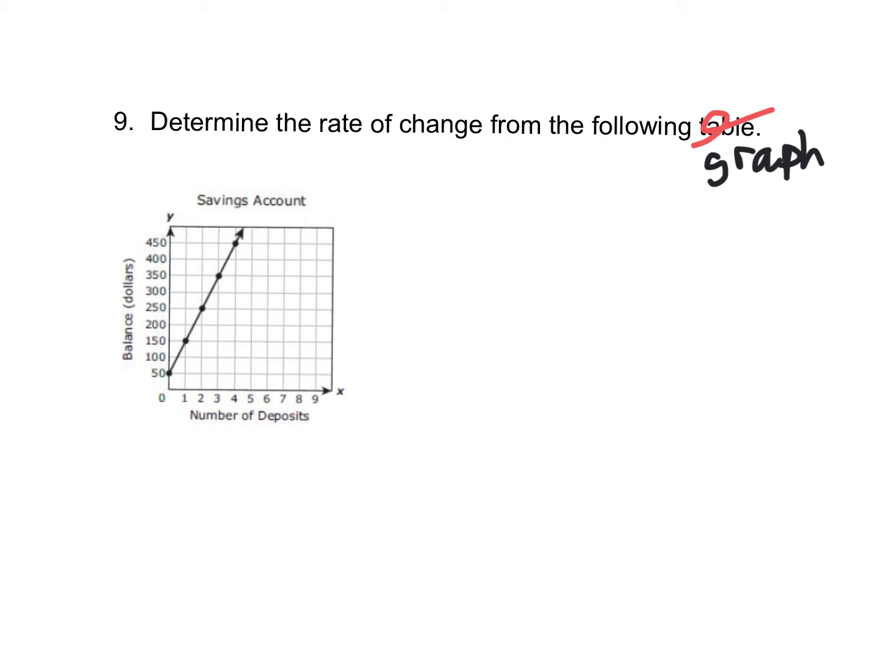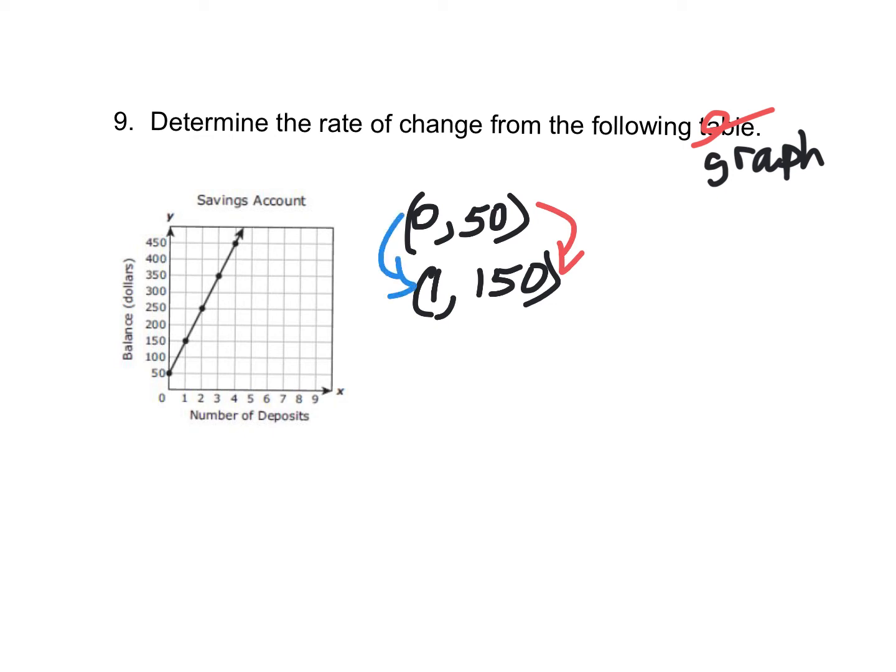So let's just write those two numbers down. Again, we have a 0, 50, and we have a 1, 150. So what we're going to do is find the change in the Y compared to the change in the X. If you want to continue with the stack, slide, subtract, you can write those down.